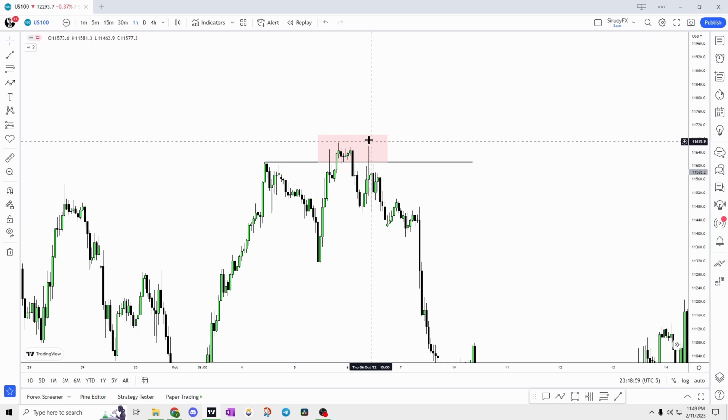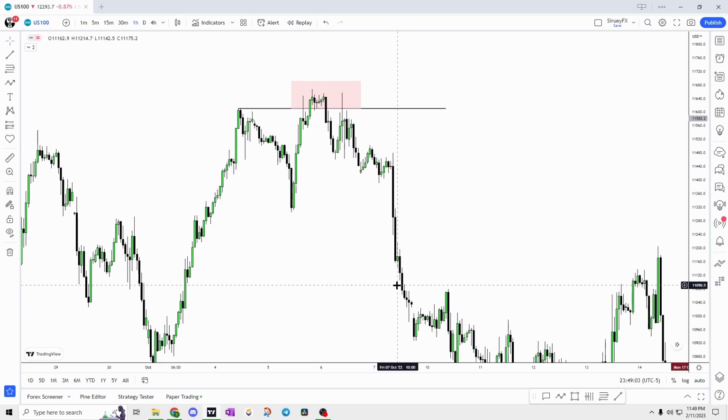Remember that this does not house liquidity until we have large moves down, and then those who are chasing price will have their stops placed on the highs that are made, like this one, or this one, or this one, or those people who are very aggressive and have large stops will place their stops all the way above here. But necessarily, what creates liquidity isn't this high.